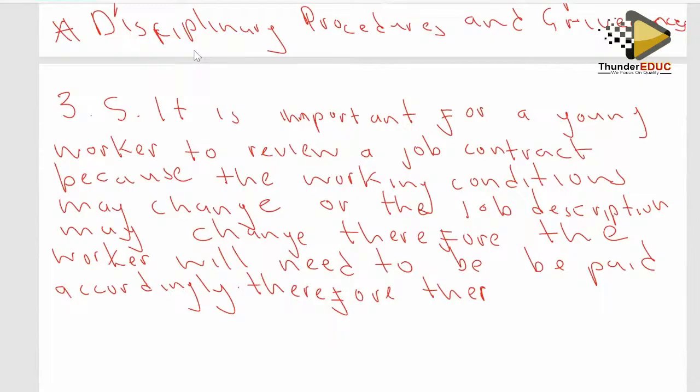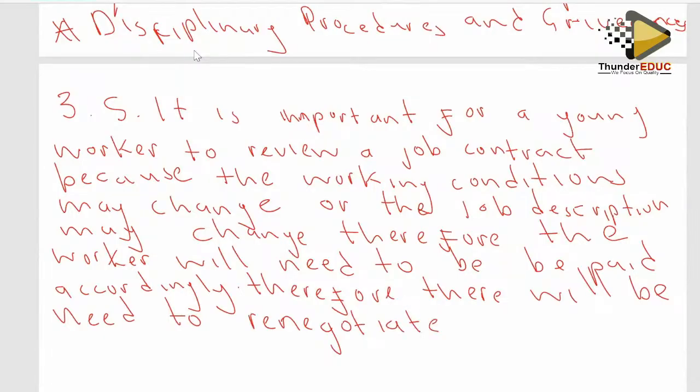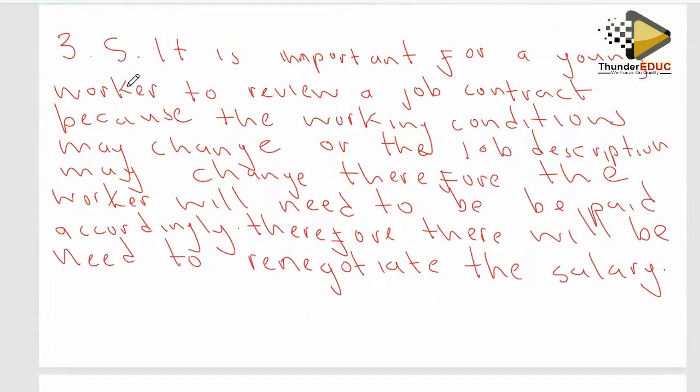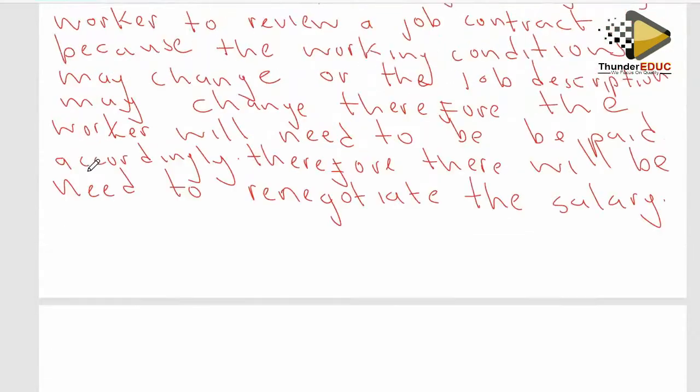There will be need to renegotiate the salary. So that is one thing. Now moving on, 3.5 again, still on the same question.